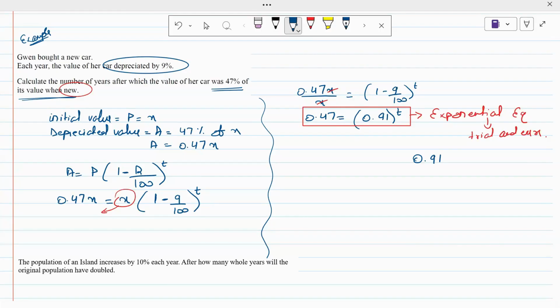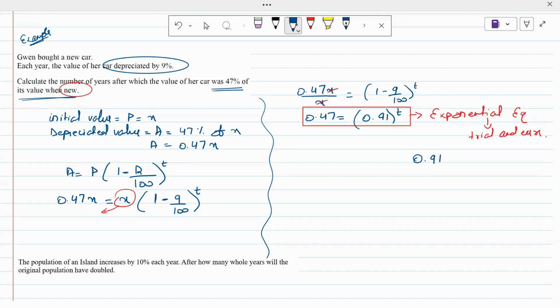I'm using the word below. The previous question was about growth, so we kept on increasing the value until we surpassed the value on the left. Here, it's a case of decrement, so we keep on raising the power until we get below 0.47. So 0.91 power, if I take 5, 5 is taking me to 0.62. If I make it 9, 9 is making me 0.42.